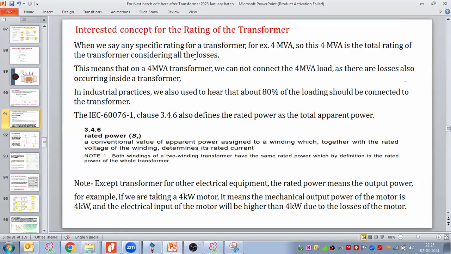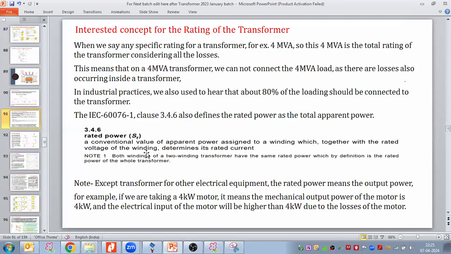When we specify a transformer rating of 4 MVA, this 4 MVA is the total rating of the transformer considering all the losses. So I'm putting a 4 MVA load plus losses are also happening. So the total load on the HV side winding is now 4 plus losses, which is 4.3 MVA.